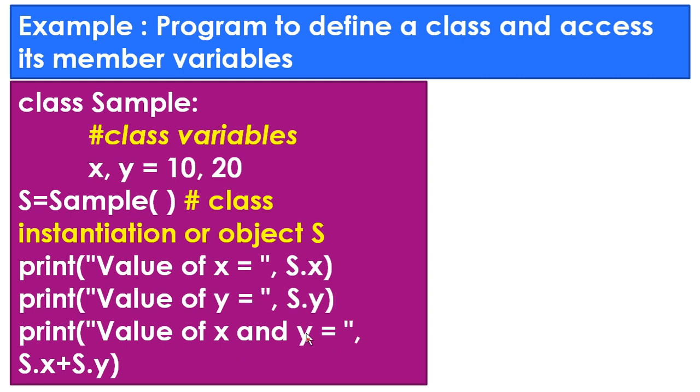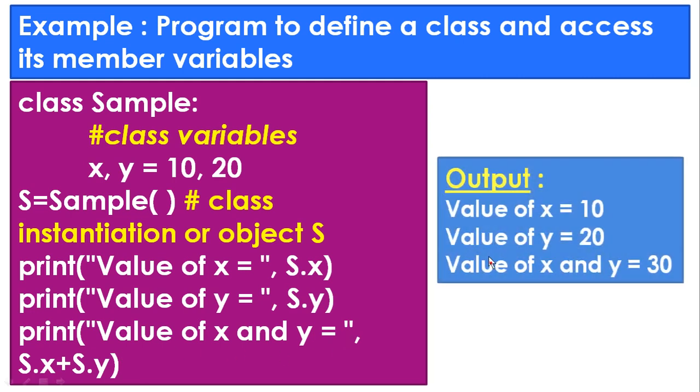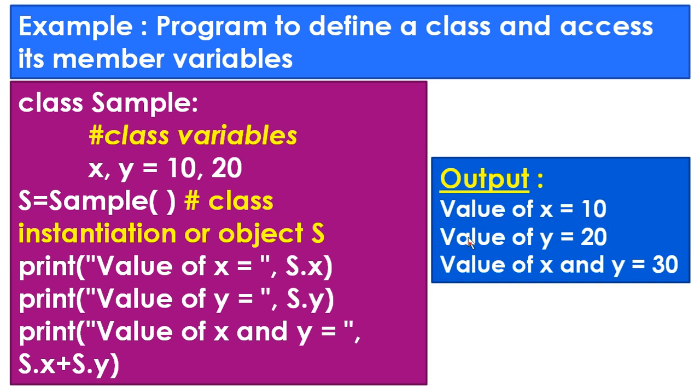The summation is 10 plus 20, that is 30. This is the output: value of x equal to 10, value of y equal to 20, and x plus y equal to 30.